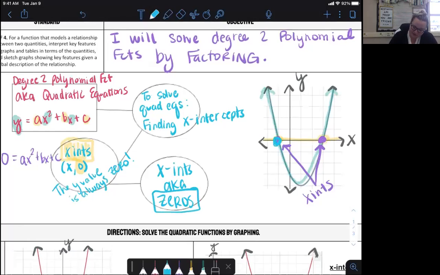These points right here, these x-intercepts, those x values make the equation 0.